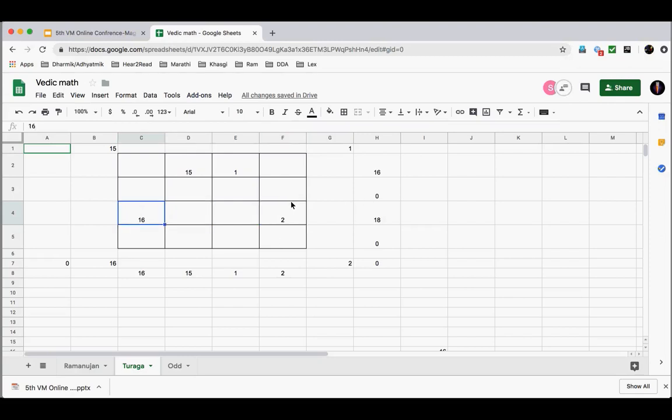So this is correct in the magic square. So we can put 3, 5, and 9 anywhere around 16. So I'll just put 3 here, 9 here, and 5 here. Now we can use the diagonal addition to figure out our answer. So this would be 12, this would be 14, this would be 8.